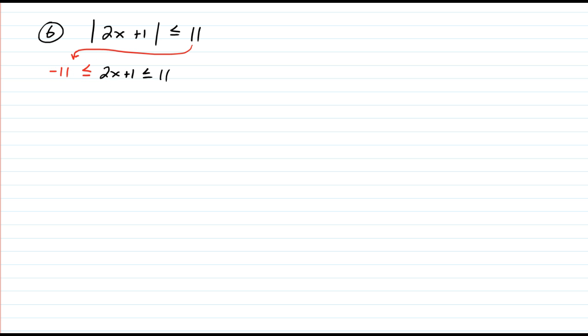So now what this does is now I have this compound inequality, and so when it's a less than, it's joined together. And so when I minus 1 now, I have to minus 1 from all 3 sides. And so this gives me negative 12 is less than or equal to 2x is less than or equal to 10. Now I divide by 2.